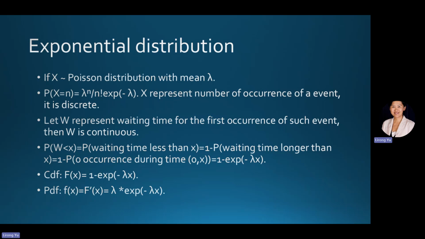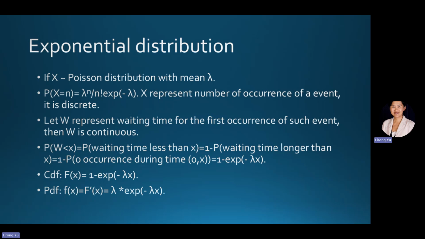Let W represent the waiting time for the first occurrence. The waiting time being less than x is the opposite of waiting more than x. If the waiting time is more than x, that means between 0 and x there are 0 occurrences. The probability of 0 occurrences in the Poisson distribution is e to the negative lambda.